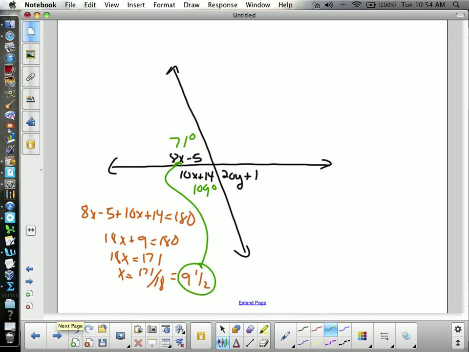Now, I still need to find y. Where did you get those numbers to use? What do you mean, what numbers? Once I found the value of x, once I found what x equals, I use that value back in the original equations.